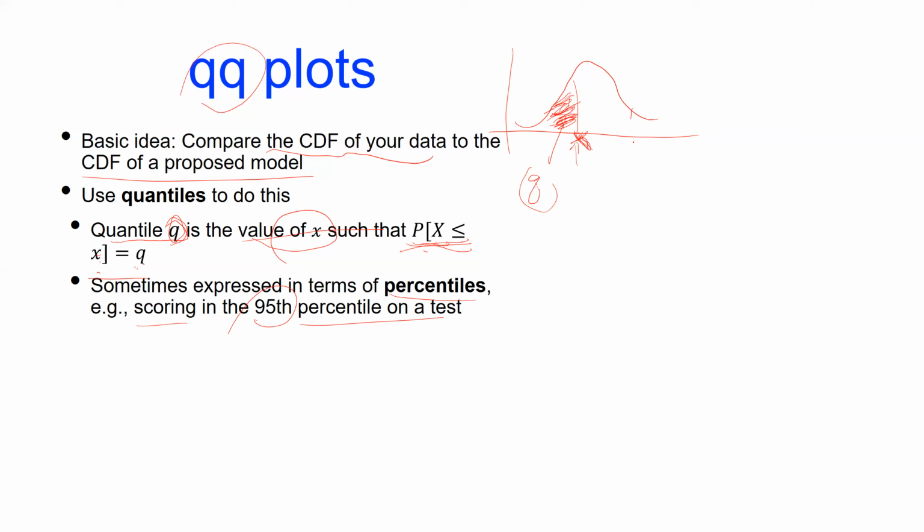So probably you are here, right? This is your score. You achieved 95, so this area equals 0.95. I hope this makes it a little bit clearer.